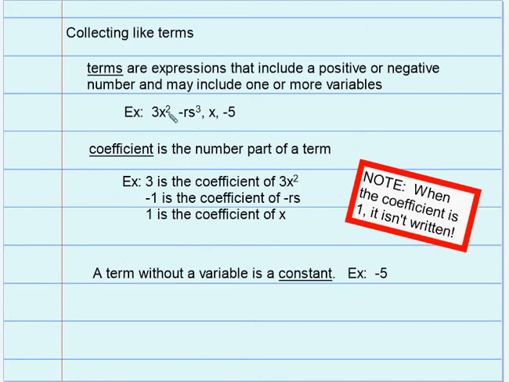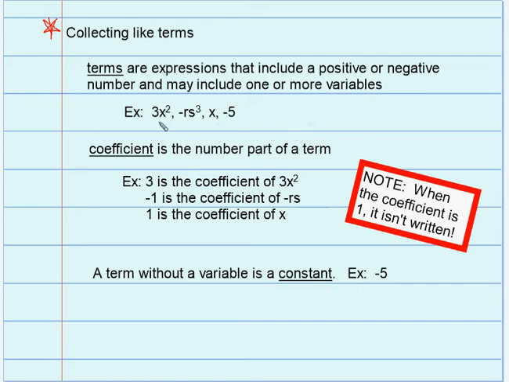Okay, collecting like terms, this can be an area that we struggle in, so pay attention and make sure that you ask plenty of questions. First, some vocabulary. Terms are expressions that include a positive or negative number and may include one or more variables.